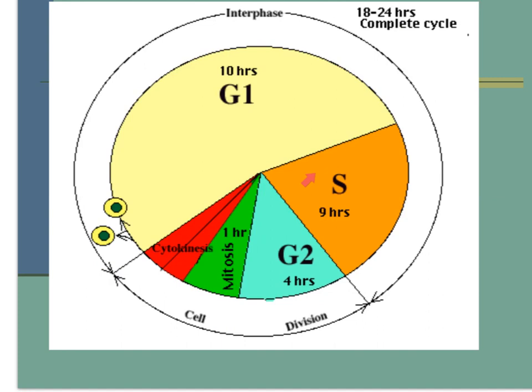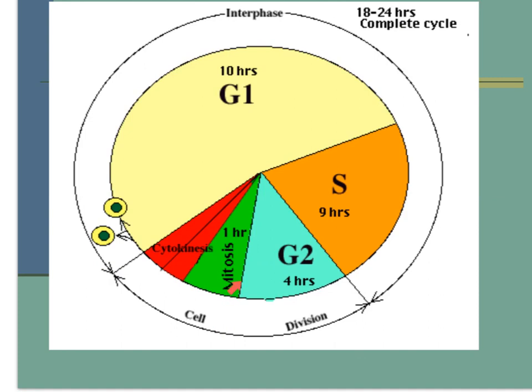The S phase represents the synthesis phase, and it is in this phase that DNA is copying itself and going through DNA replication. The G2 stands for second growth, and this is the gap after the DNA synthesizes, just before division. So here the cell is preparing to divide.